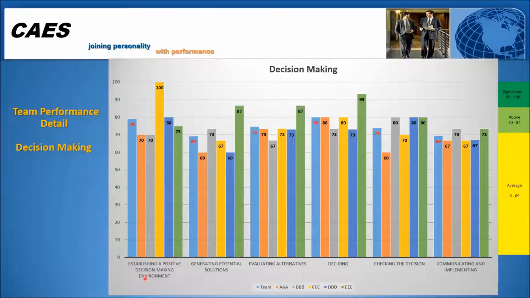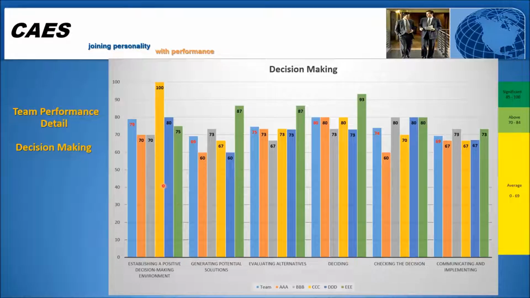So the various steps in the process are establishing a positive decision-making environment, generating potential solutions, evaluating alternatives to a decision, actually deciding, then later checking the decision, and then communicating with other team members or other external personnel the rationale behind the decision and what it's intended to accomplish.